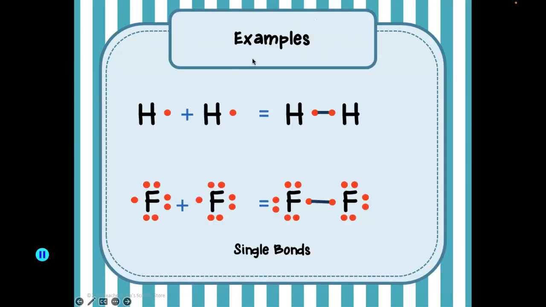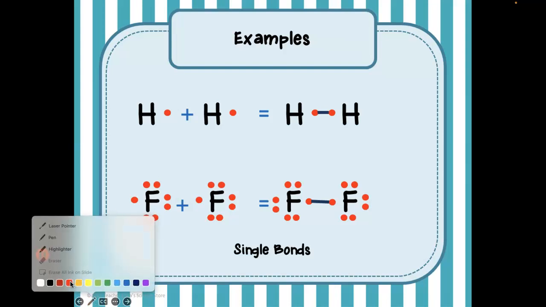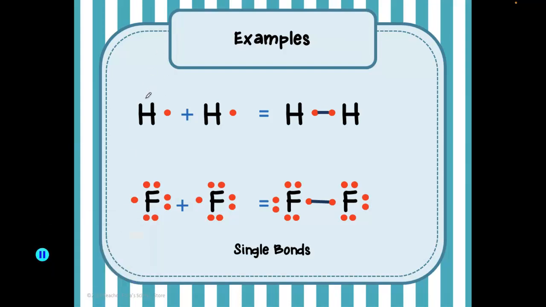All right, so we're going to talk about single bonds first. There's a couple of examples. We have hydrogen here. Hydrogen has one valence electron. Now, in this Lewis dot, they drew it over on the right-hand side. In our examples, when we've done these before, we've typically put our Lewis dots up here on the top.